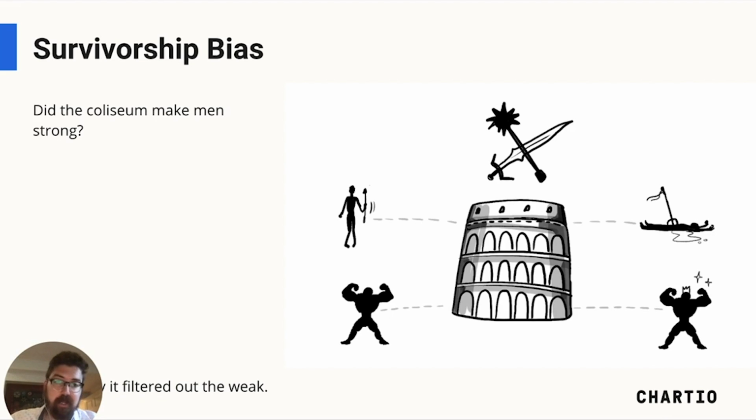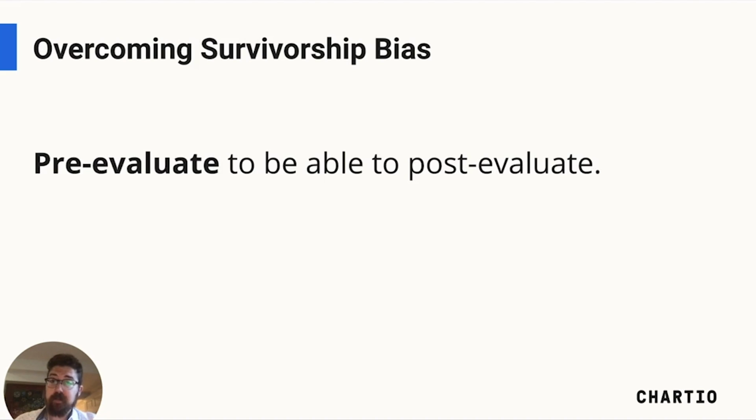So how does this apply back to being a product manager? If you're building a tool, let's say like Chartio, where we're trying to make it easier and easier to use data, and we don't pre-evaluate people to determine if they're already skilled with data or not, we can't say if Chartio made them more capable of using data.